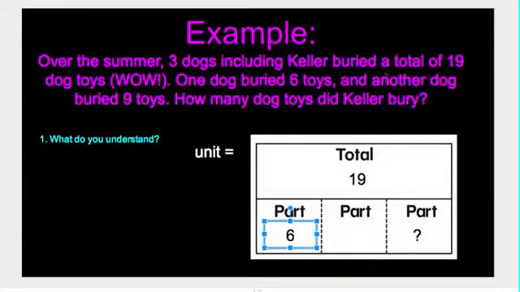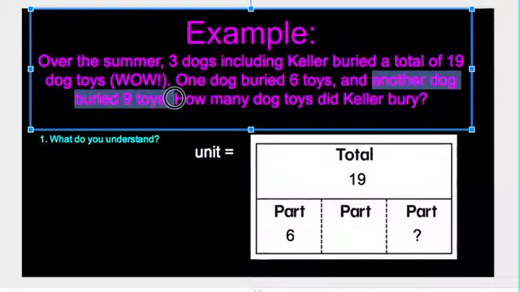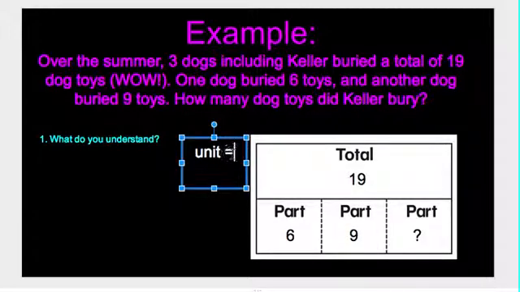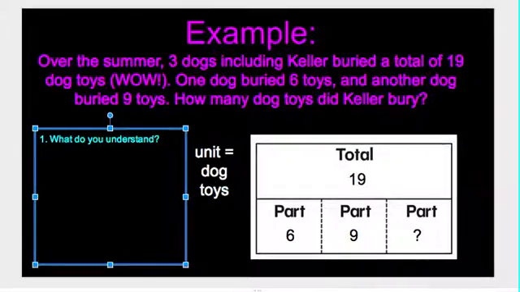And we also know that another dog buried 9 toys. So the second part will have 9. We also know that our units are dog toys. So that means that after any of these numbers, we could put dog toys. Total 19 dog toys. Part 1 is 6 dog toys. Part 2 is 9 dog toys, and we don't know how many dog toys Keller buried.